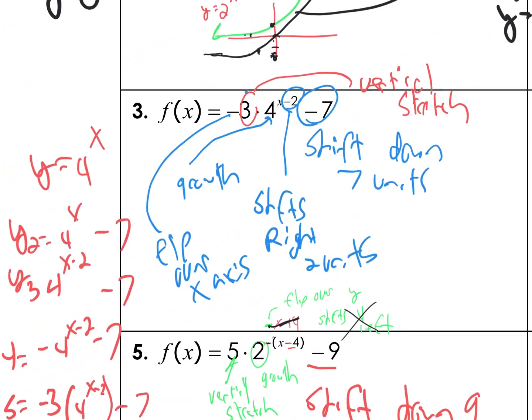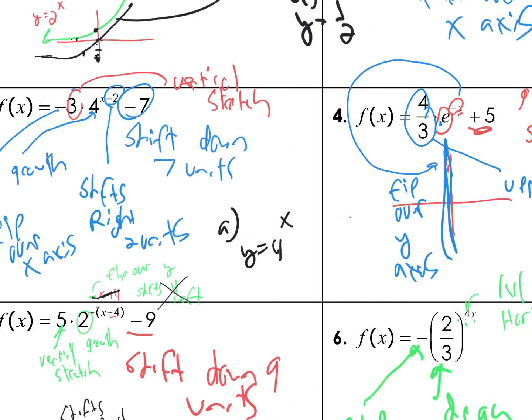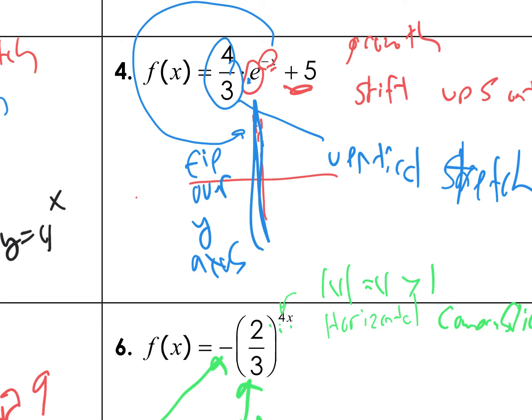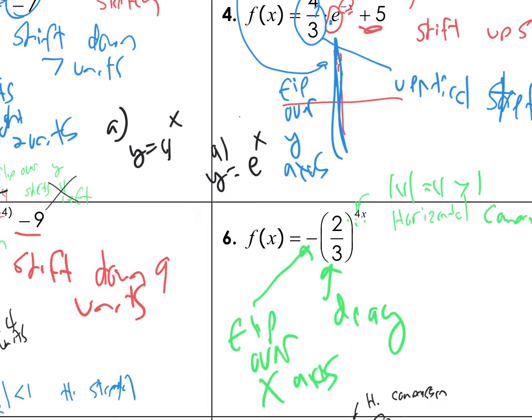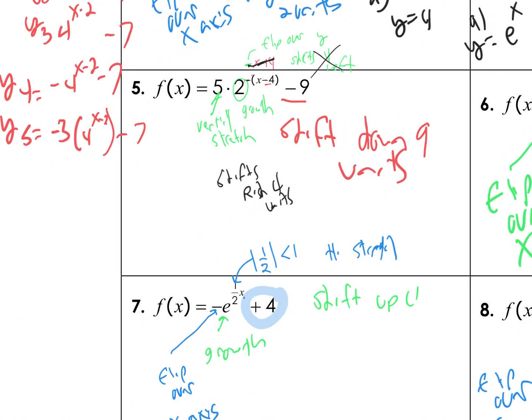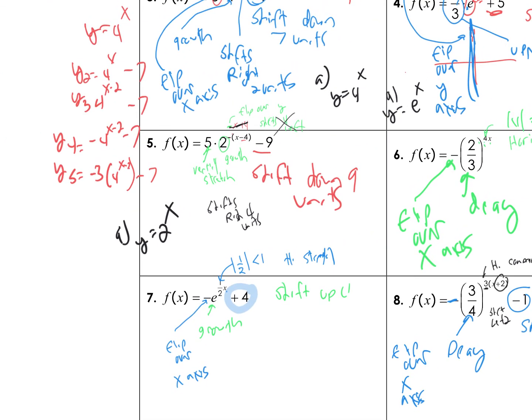The parent function for number 3 was y equals 4 to the x. And number 4, answer A would be y equals e to the x is your parent. Everything else added to it was shifting it, changing it, transforming it. A for number 5 was y equals 2 to the x. I think you got the point. That's the next page.